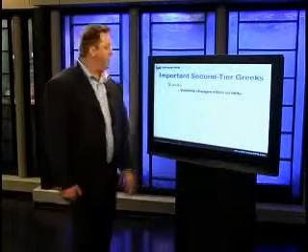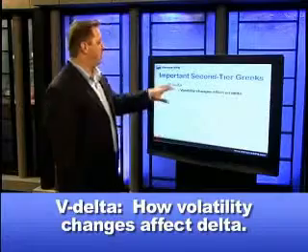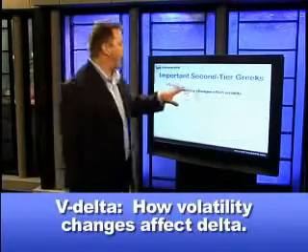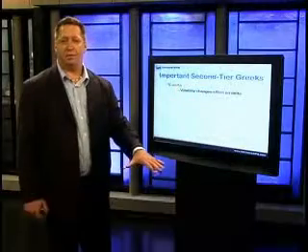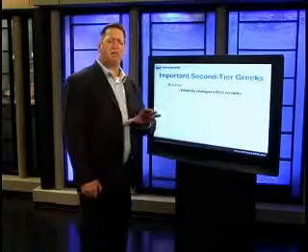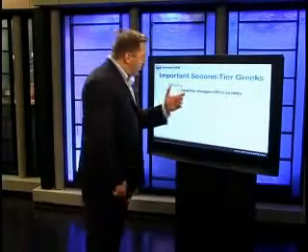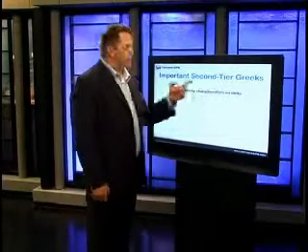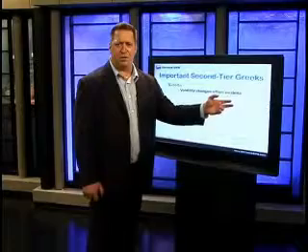First one, it's called V-delta. Short in the business, V-del. What does it do? It tells us how volatility changes affect delta. That sounds familiar, doesn't it? We must have done something a little while ago that sounds a lot like this. Volatility affecting delta.